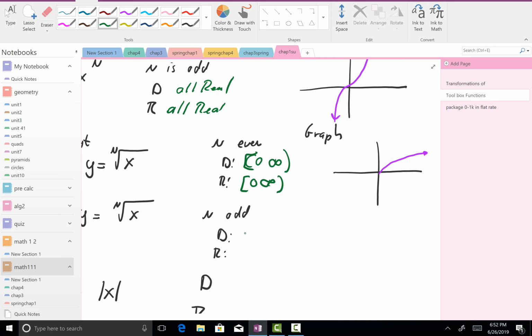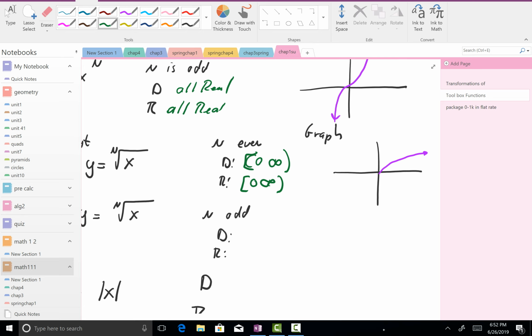Let's graph it. Okay. I'll graph it. Y equals functions. Here we go. Give me an odd number then. 3. All reals. There we go.